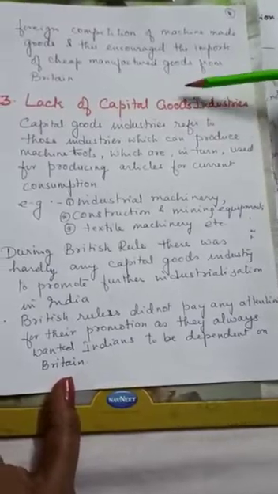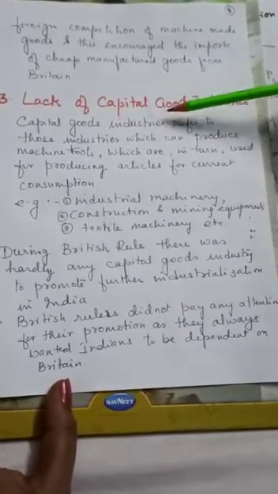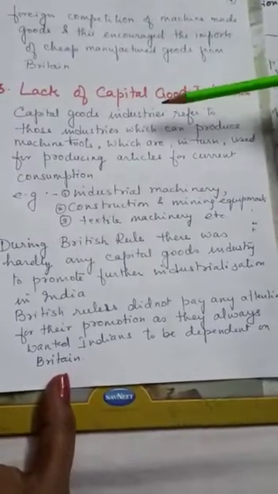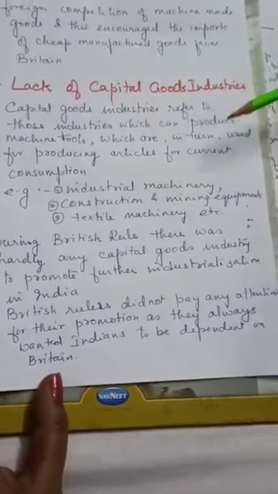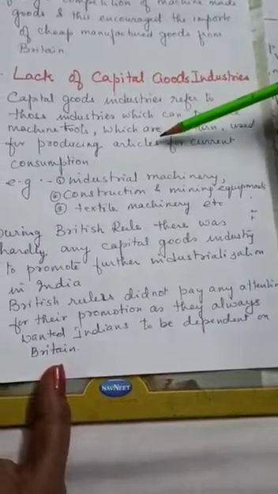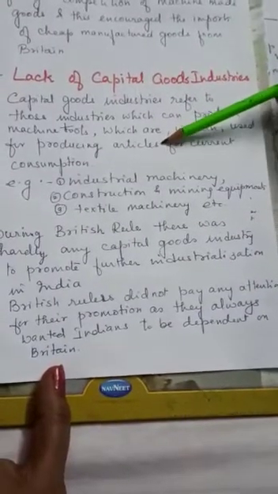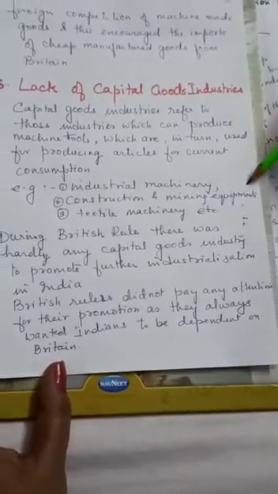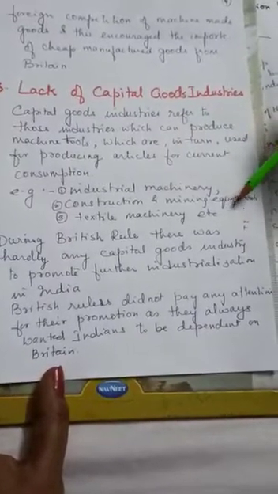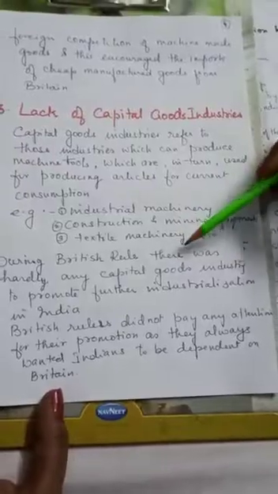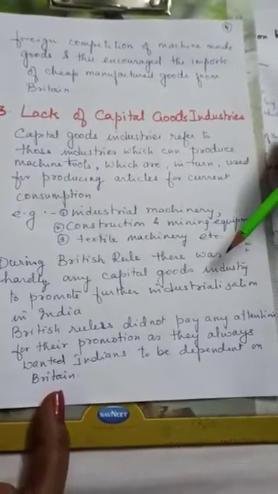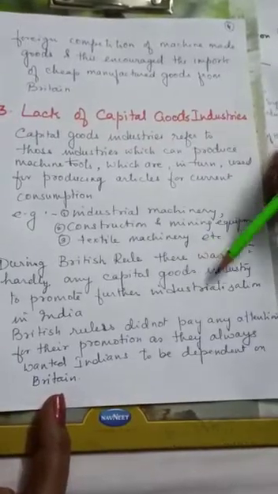The third is lack of capital goods industry. Capital goods industries refer to those industries which can produce machine tools which are in turn used for producing articles for current consumption. Examples are industrial machineries, construction and mining equipments, textile machineries, etc. During British rule, there was hardly any capital goods industries to promote further industrialization in India.